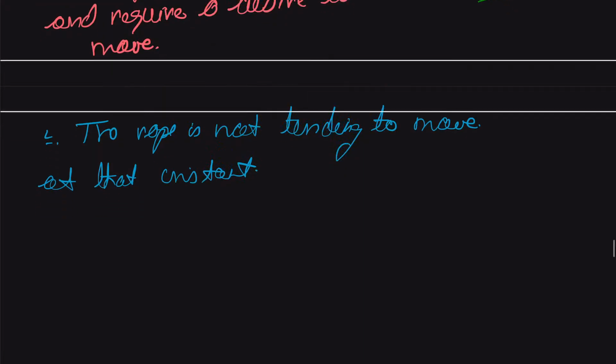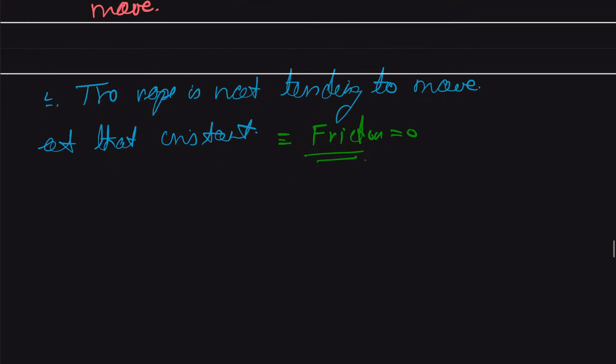So it means the value of friction that will be acting will be equal to 0. And if the value of friction acting is equal to 0, the tension T will be nothing but lambda Lg sine of theta.